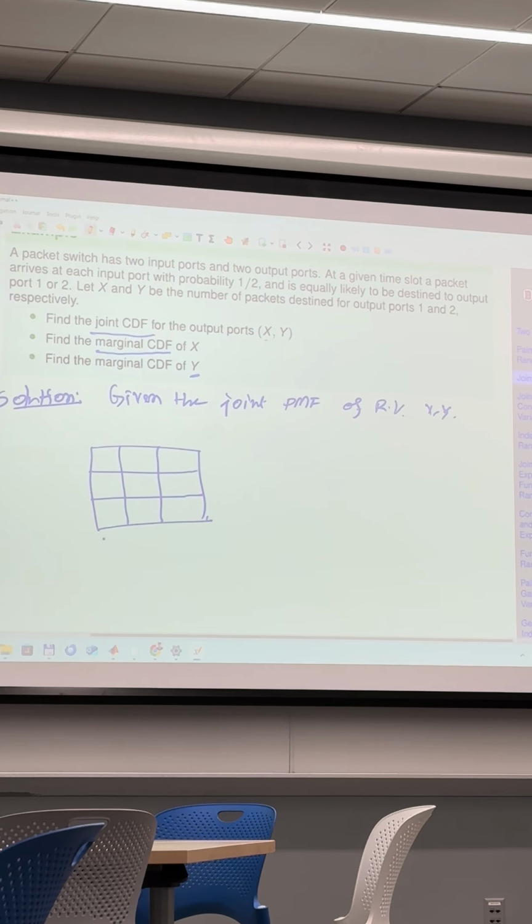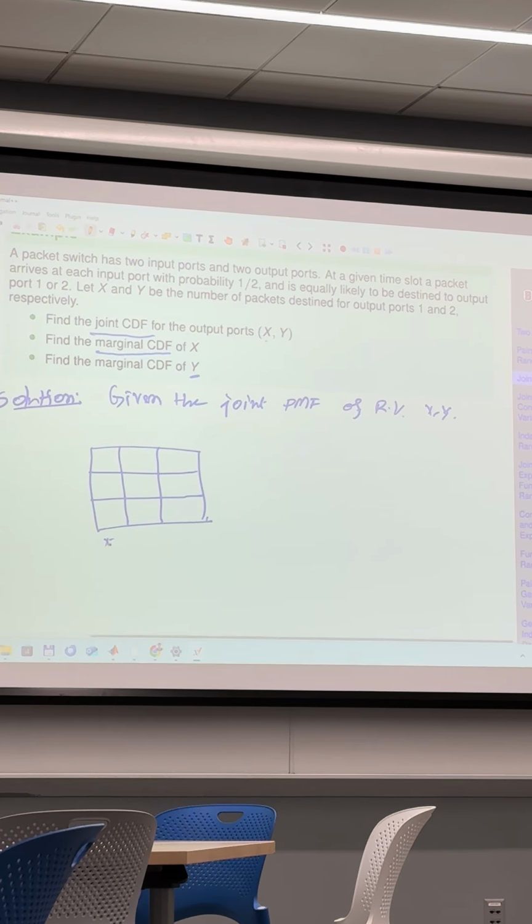So random variable x comma y can take value x equals 0, x equals 1, x equals 2, and y equals 0, y equals 1, y equals 2.